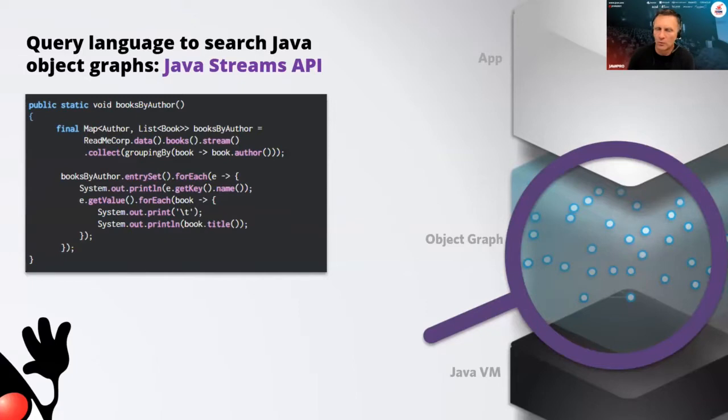In comparison to conventional database systems, we talk about milliseconds. This means searching an object graph in memory can be up to 1,000 times faster than a conventional database query. So Java as a technology is really super fast. Why not use plain Java to build database applications?